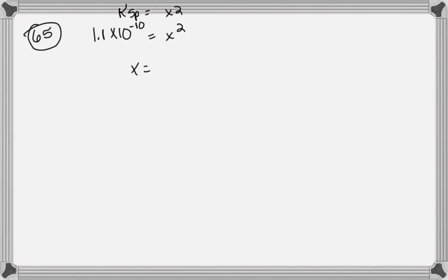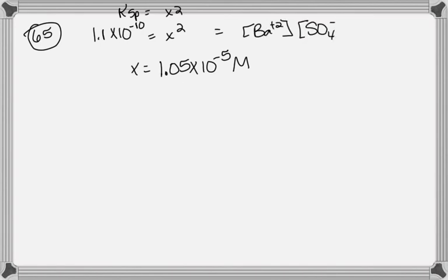And for x, I get 1.05 times 10 to the minus 5, and that's molar. Then when I put it in 1 molar sulfate, this was the barium times the sulfate.